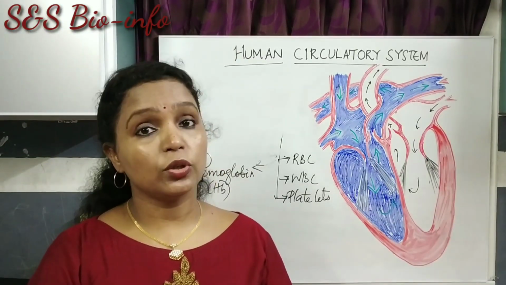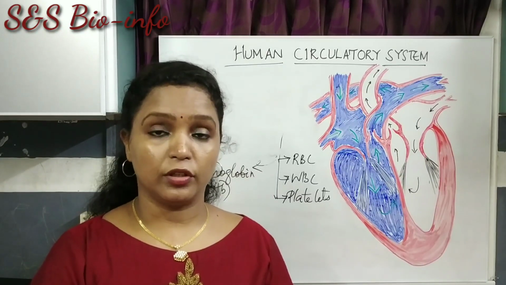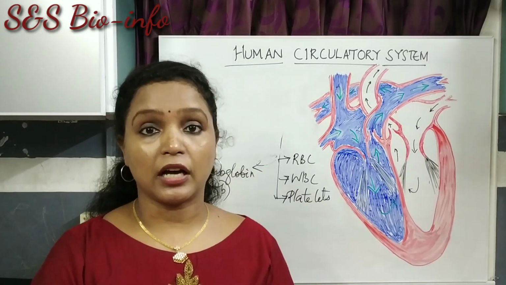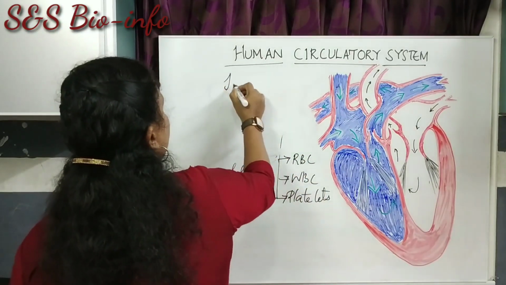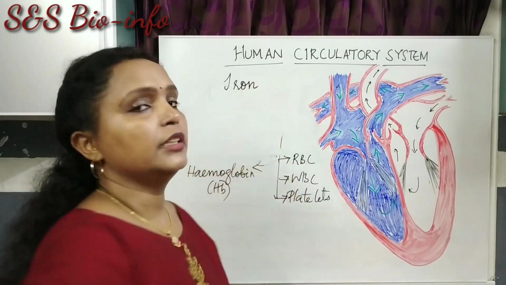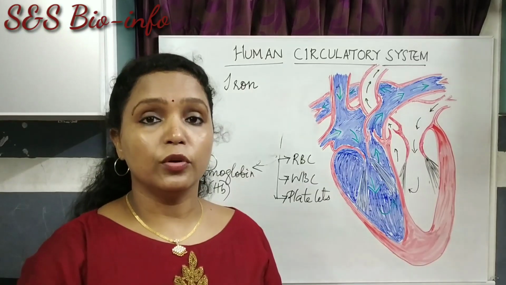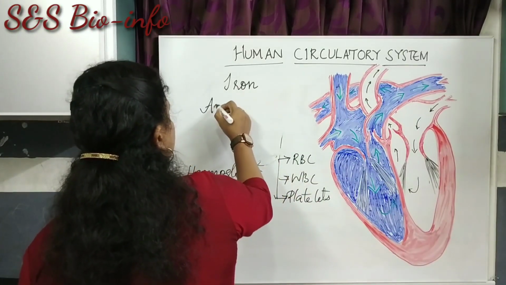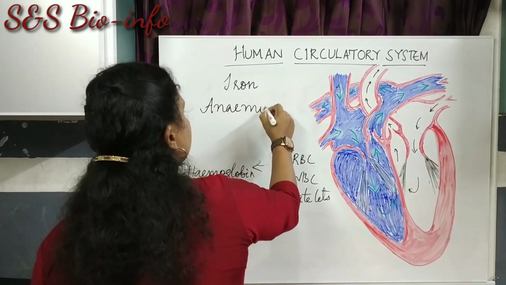Just before, I told you that hemoglobin is a protein molecule. The production of hemoglobin requires an element named iron. The deficiency of iron in our body leads to a condition called anemia.